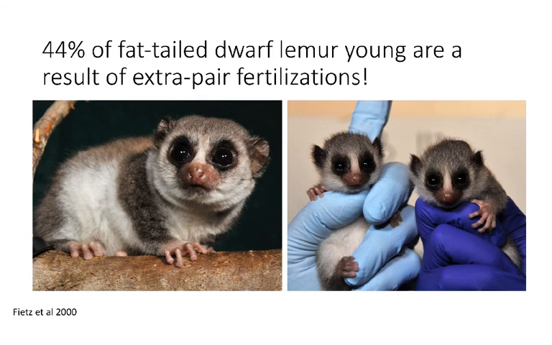And they found that in this particular study, 44% of the fat-tailed dwarf lemur offspring are actually a result of these extra pair fertilizations. So if you have a litter and you have a mom lemur and a dad lemur taking care of the offspring, 44% of those offspring are actually fathered by a different male. So that's one example of the types of information that molecular data can give us in terms of helping us figure out parentage, which is again under this umbrella of behavioral ecology.